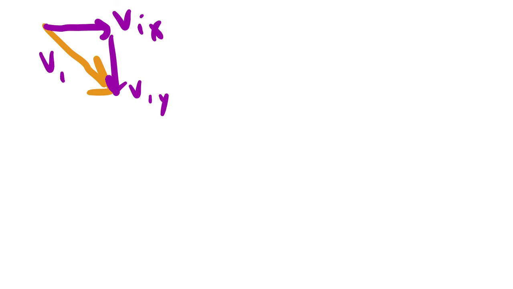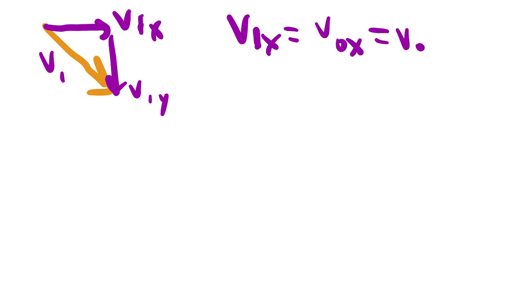I'm going to use my various equations from earlier. v1x is just v initial x, which is just v0, 9.59, because there's no horizontal acceleration, so it keeps going at the same speed. v1y is a little weirder.